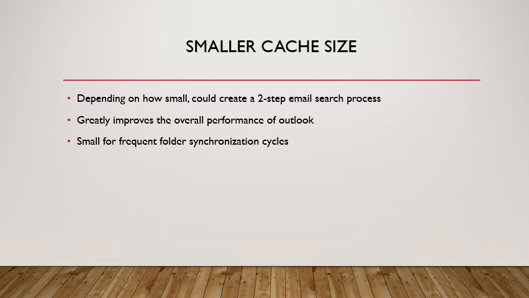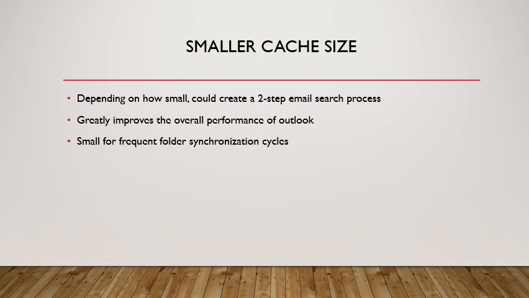So if I reduce the size of my cache, that increases the folder synchronization cycles, which means I'm moving less information at any given time across the internet. So it's quicker bursts of data exchange as opposed to longer bursts of data exchange.